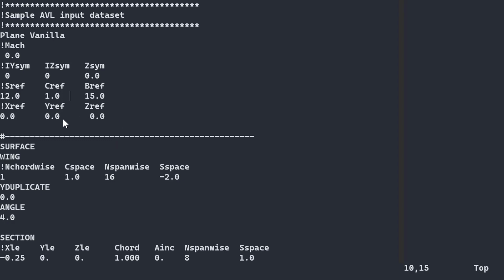For example, if you increase the alpha angle and the pitching moment increases, that means your airplane is longitudinally unstable. It further wants to increase your pitch angle. Okay, so this is the section about the airplane as a whole.